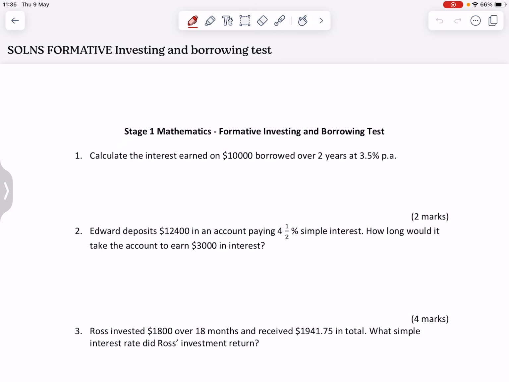Question 1. Calculate interest earned on $10,000 borrowed over 2 years at 3.5%. It doesn't say what kind of interest, so I'm just going to assume simple interest. Obviously, the test is going to say specifically. So simple interest is SI = PRT.